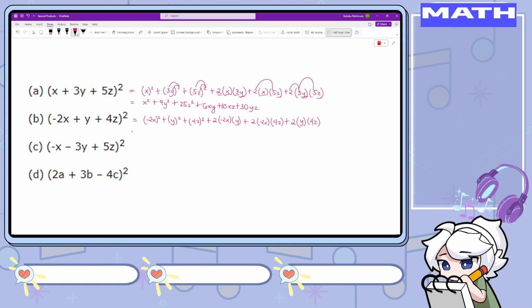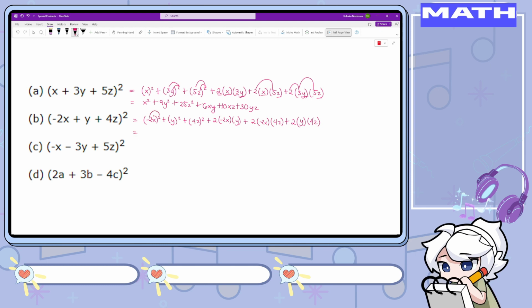Now simplify. Negative 2 squared, 4, x squared, y squared is the y squared, 4 squared is 16, z is c squared. And then for this one, we have negative 4, and then maintain xy.